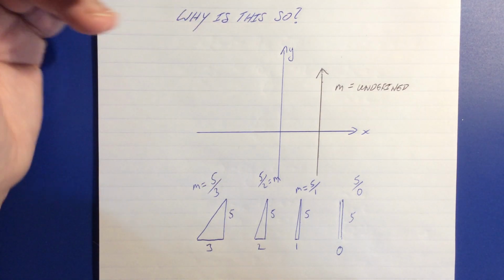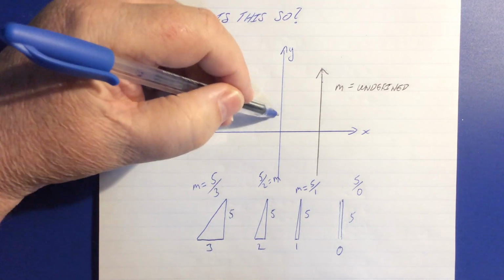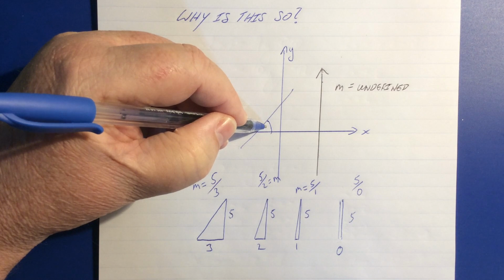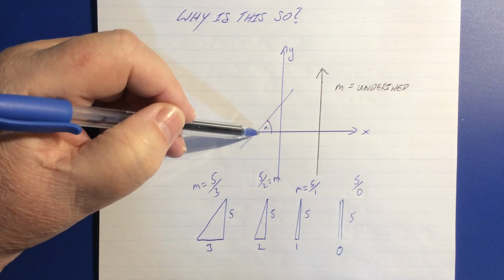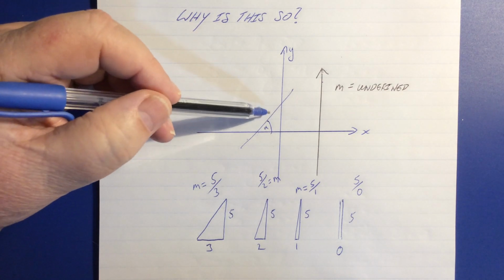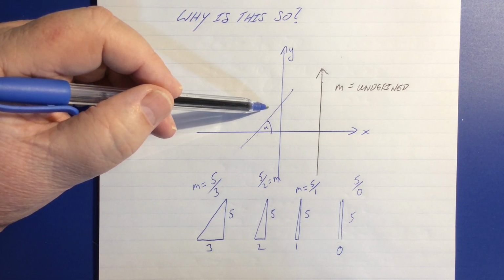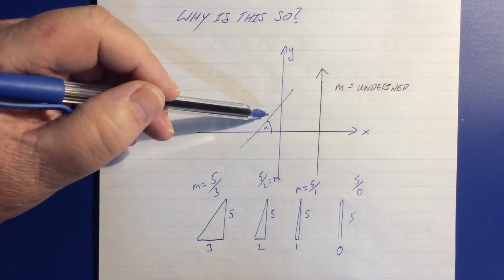Now, another way of looking at this is to consider that the angle that a line makes with the x-axis can be measured in terms of its gradient as a tangent. Let me say that again.